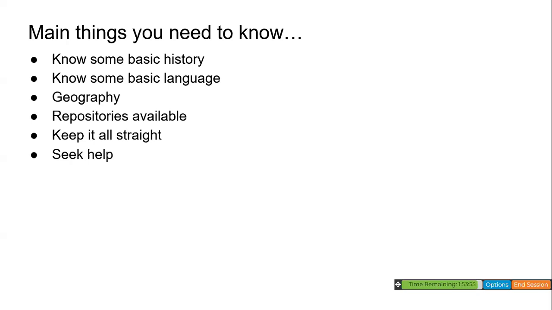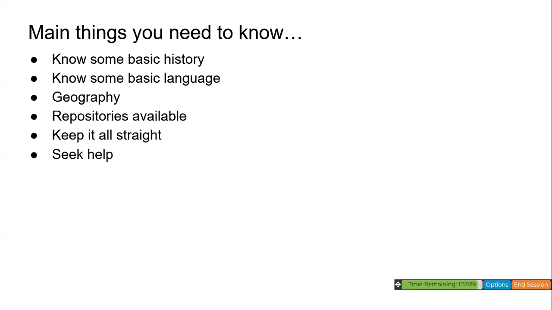First, you need to know some basic history. When did the country start? What was it prior to this? That way you have an idea of what was happening in the country and where your possible items are. You need to know some of the basic language. Obviously, you need to know name, birth, death, just common vocabulary in that language so you can understand what you're reading.